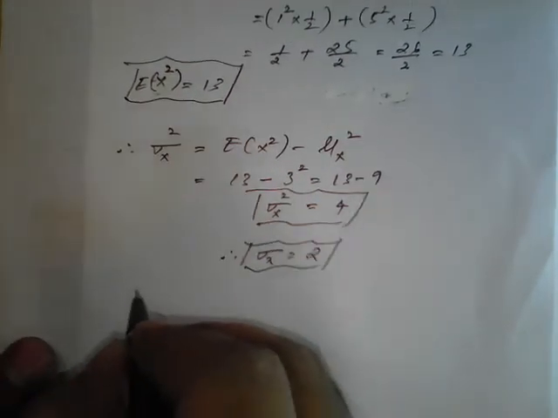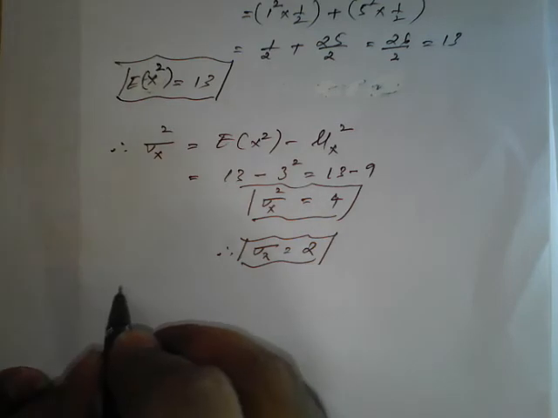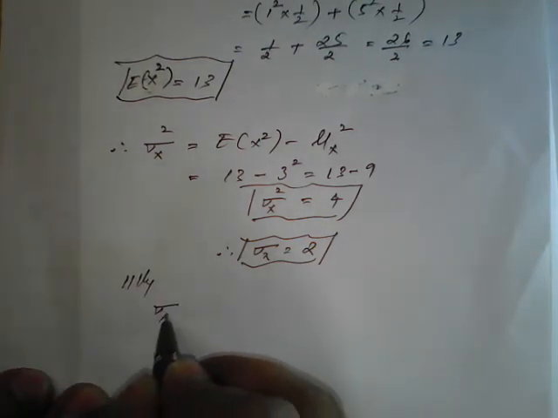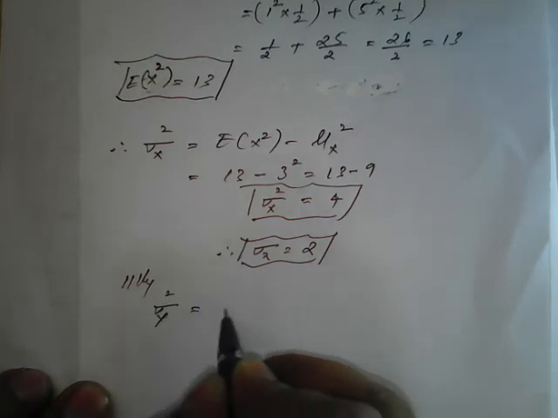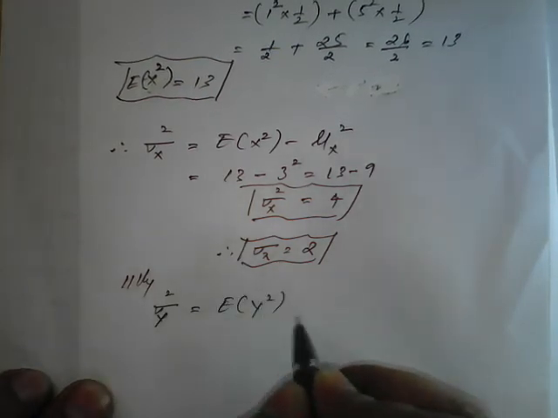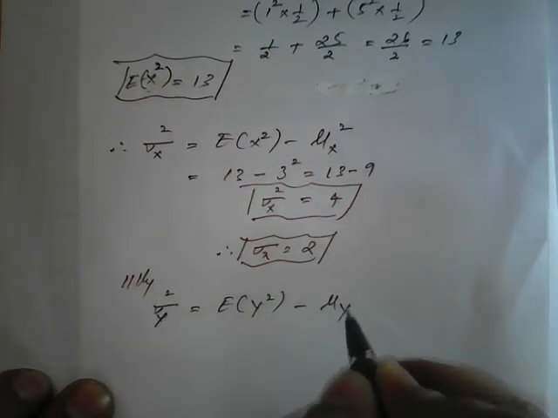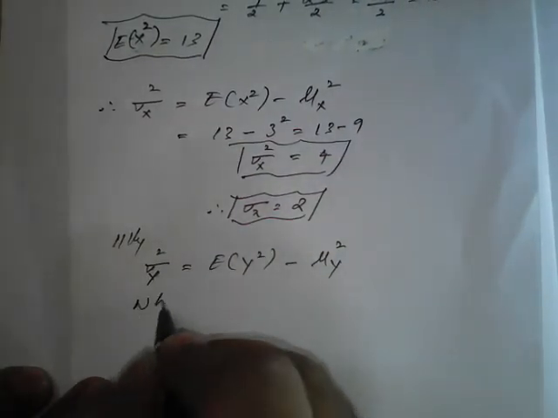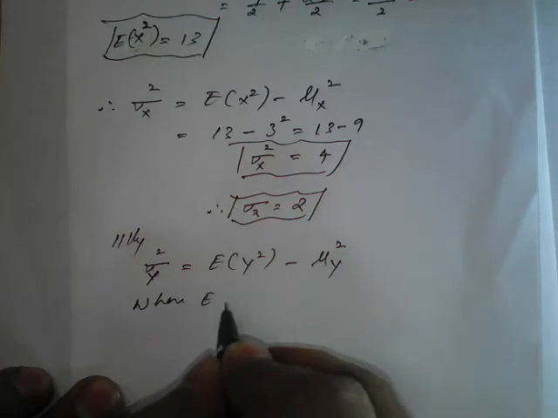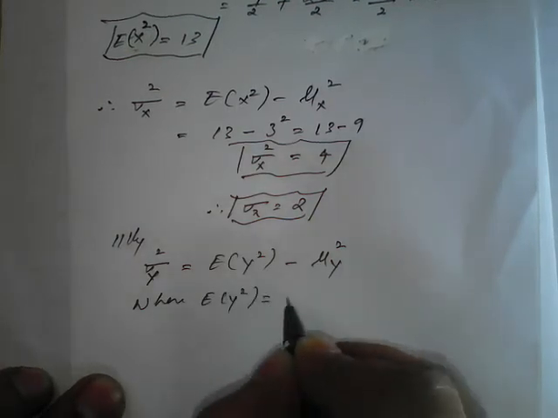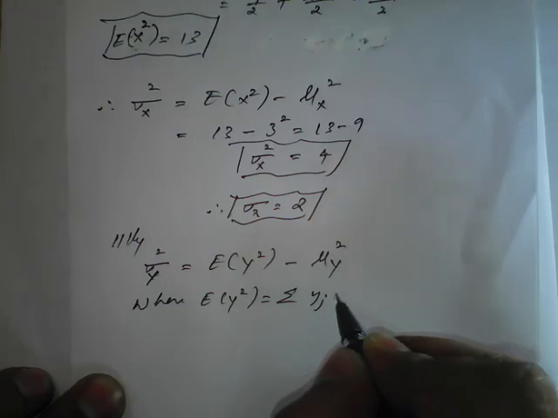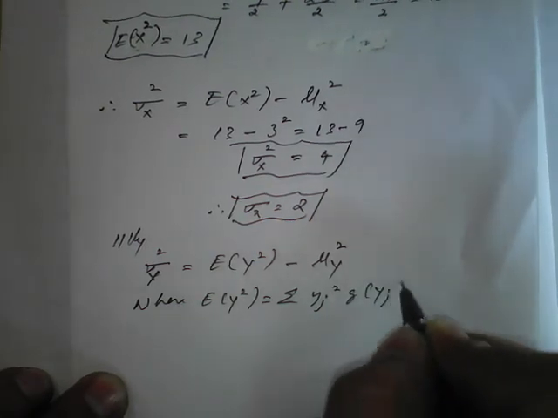Similarly we need to work it out for y. Variance of y is nothing but expectation of y square minus mu of y square, where expectation of y square is nothing but summation of yj square into g of yj.